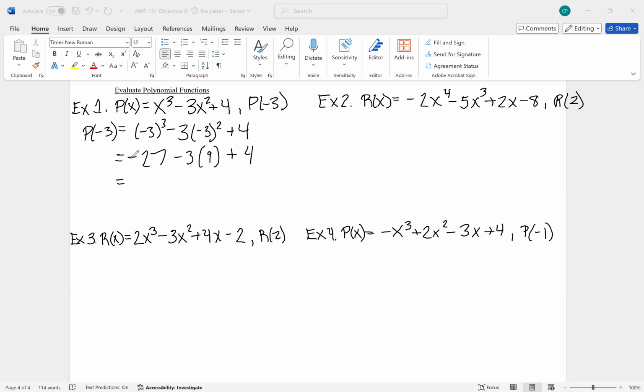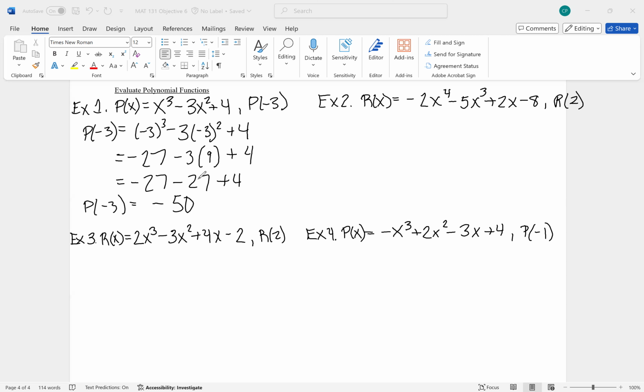We're going to continue to simplify. We have negative 27. Negative 3 times 9 is going to be negative 27. And we're going to bring down the plus 4. So in all, P of negative 3 is going to be negative 27 minus 27 plus 4, which is going to be negative 50. Okay?